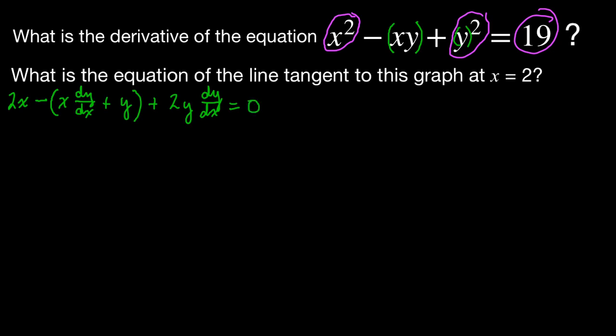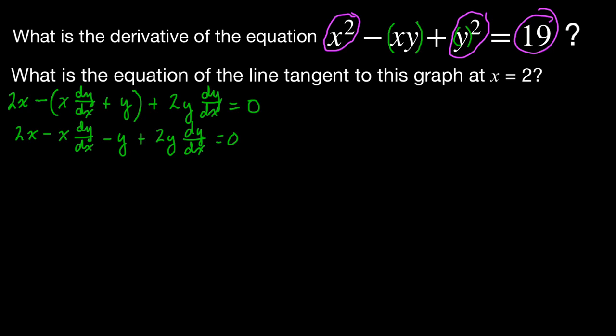All right, so we're going to clean this up a little bit and then solve for dy/dx. Distributing the negative, you're going to get minus x dy/dx minus y plus 2y dy/dx equals 0.